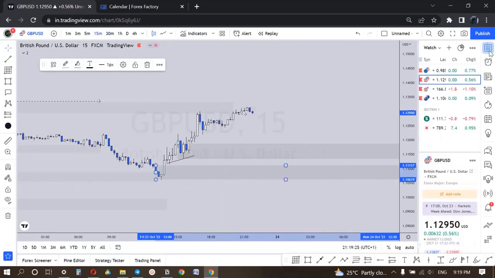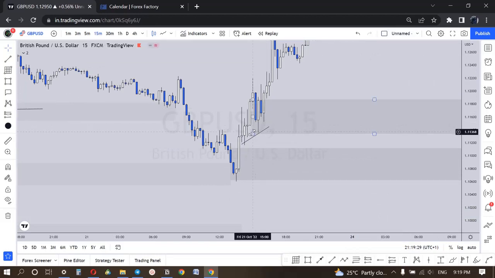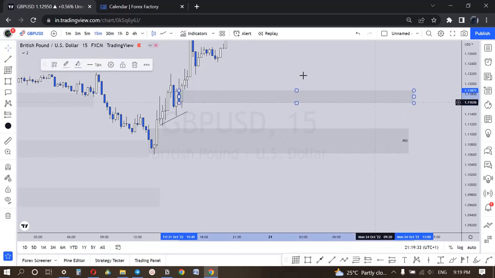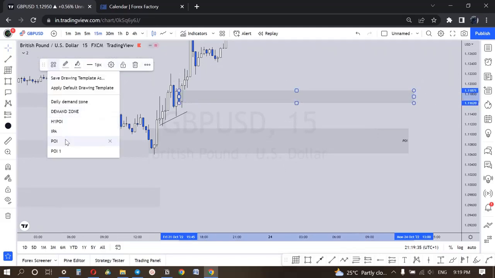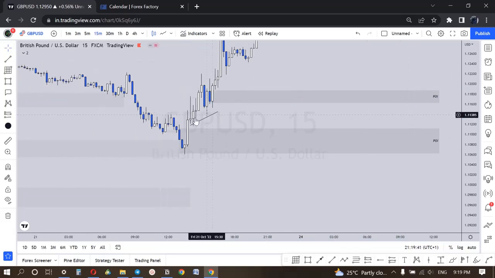So if we go aggressively on this, we find it on the frame, look at it along that area. So either price should respect each one of those points of interest that I highlighted because they look nice to me.